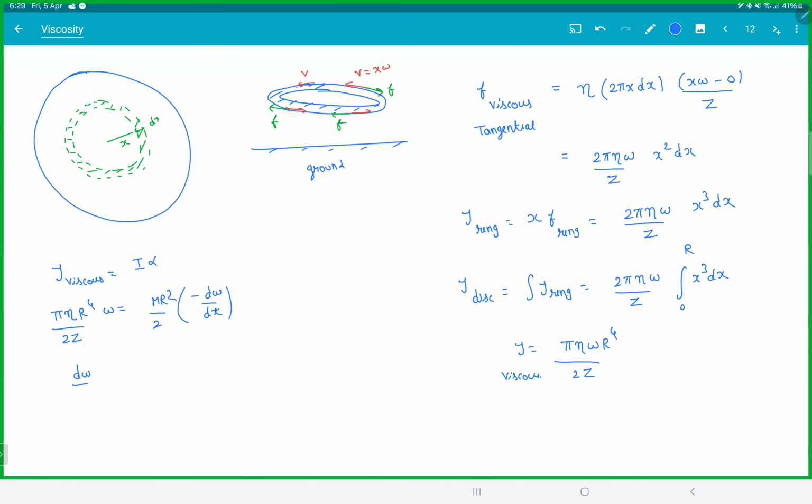So from here we get d omega by omega equals minus pi eta r square by mz dt, after cancelling. This goes from omega naught to omega and this goes from 0 to t. So this gives you omega naught into e power minus eta r square by mz into time. Check, that's your answer.